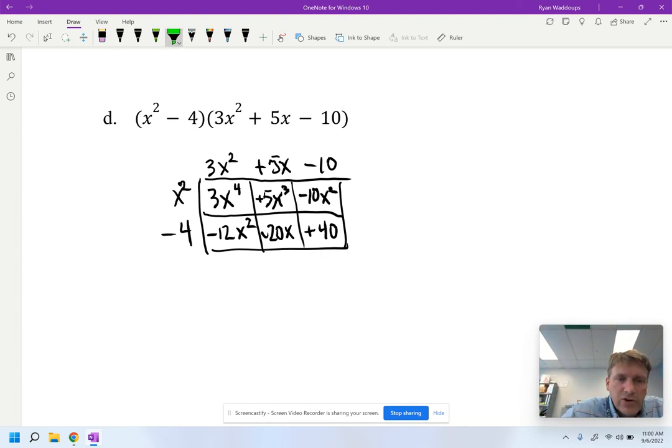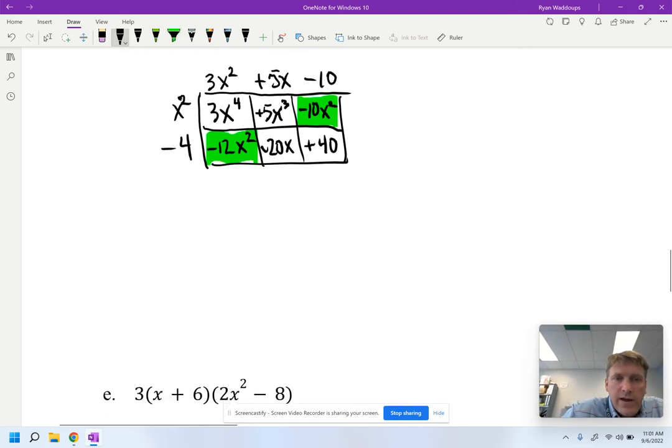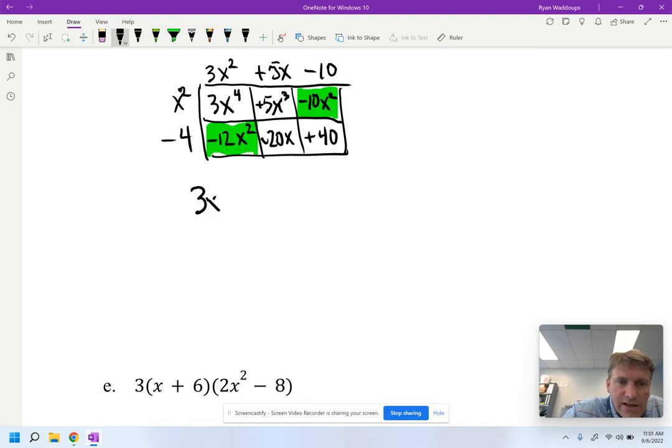So I'm going to pick out all of my like terms. This is x squared, and this one's x squared. So those two are going to combine, and that's it. That's all we have. So we're going to write 3x to the fourth plus 5x cubed. I'm making sure that I'm putting this in standard form.